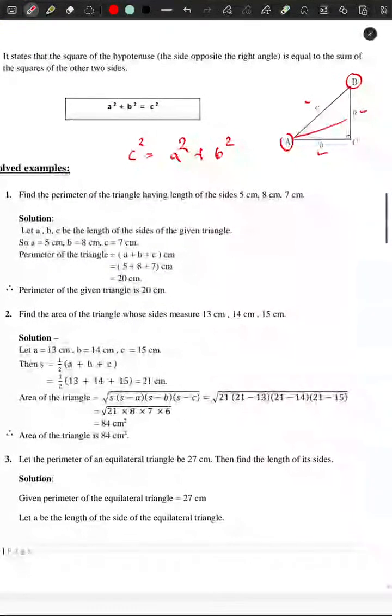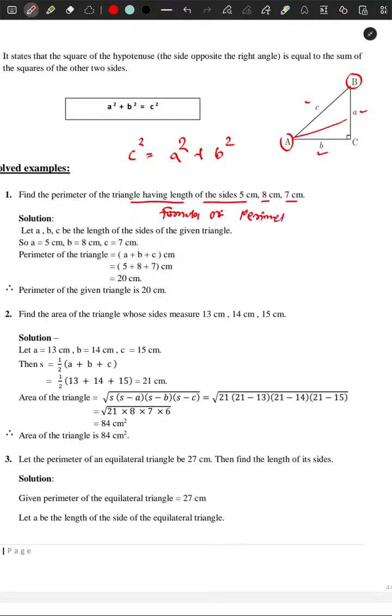Then we study with some questions. Find the perimeter of the triangle having sides of length 5 cm, 8 cm and 7 cm. We observed that the formula of perimeter equal to a plus b plus c.